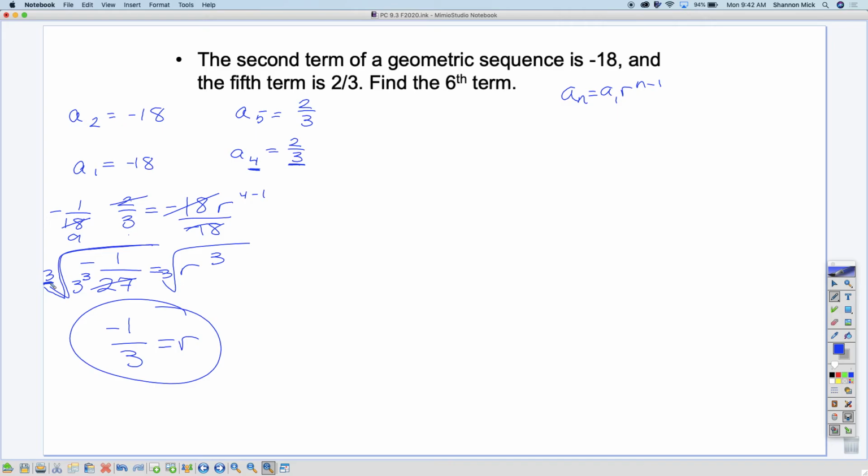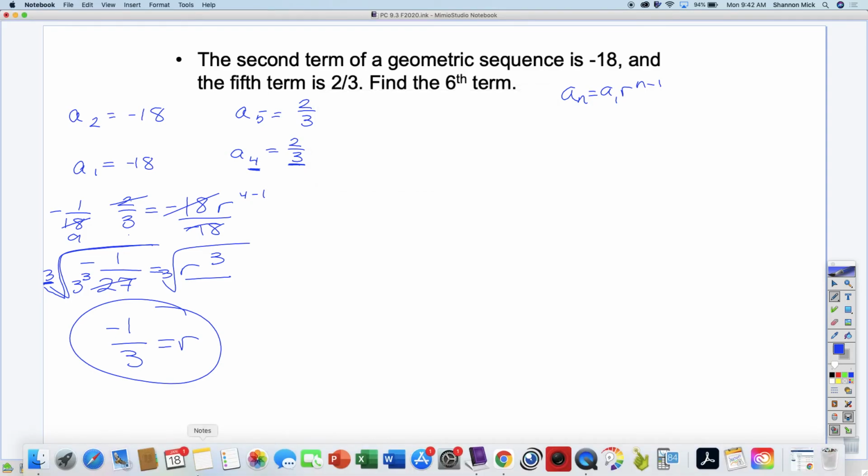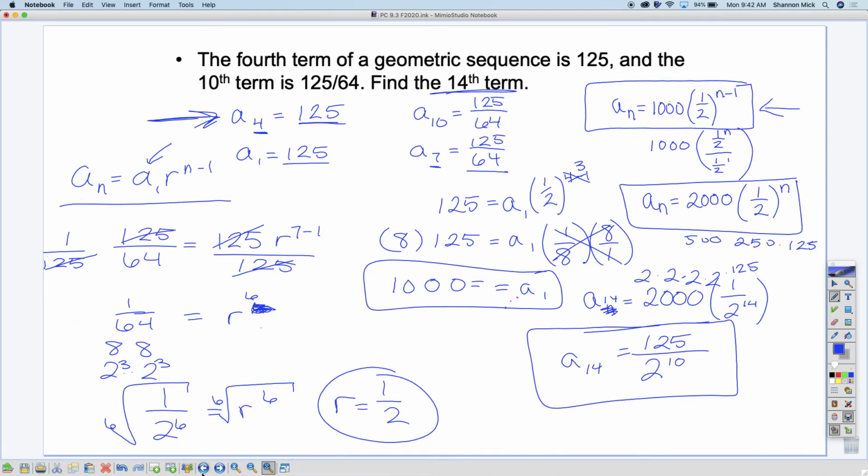This is r cubed. I have to get it down to just 1 r. So the exponent on r dictates what root I'm going to take. It's r cubed, so I'm going to take the cube root. The last one was r to the 6th, so we took the 6th root.